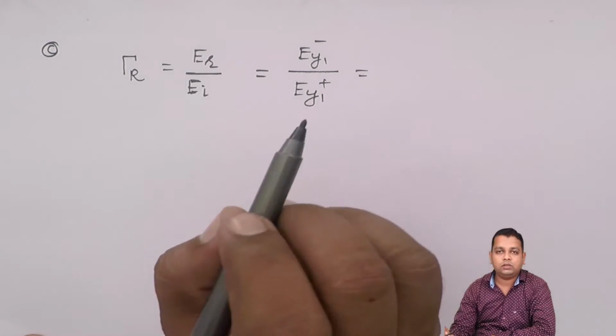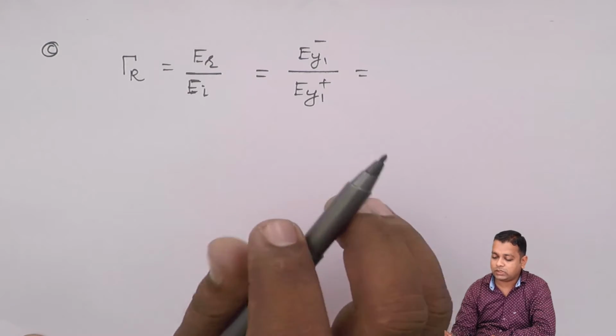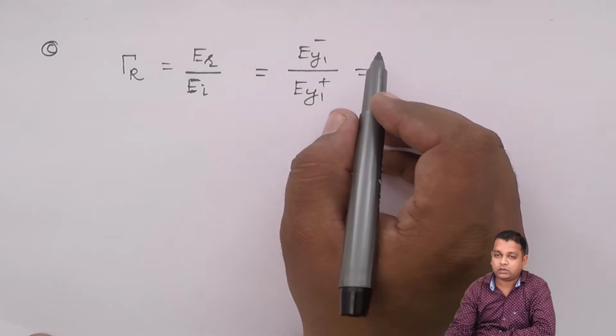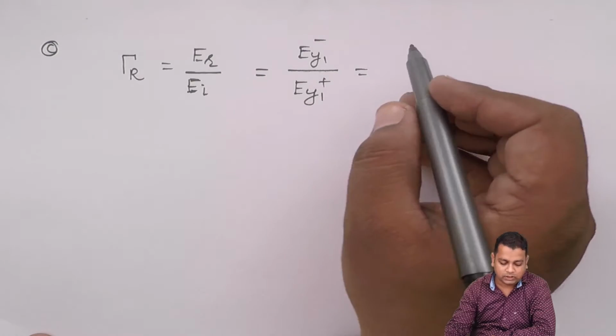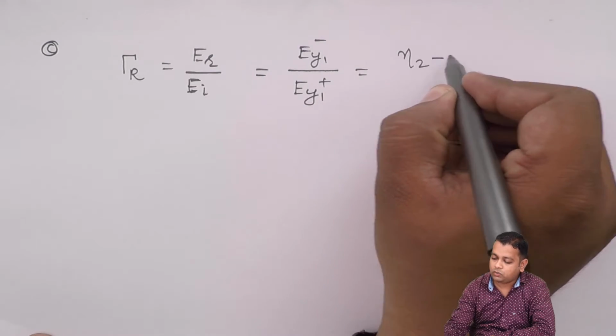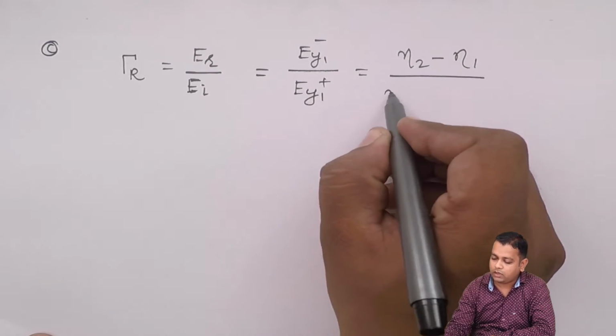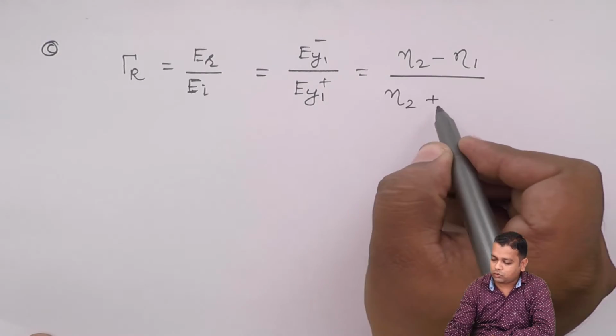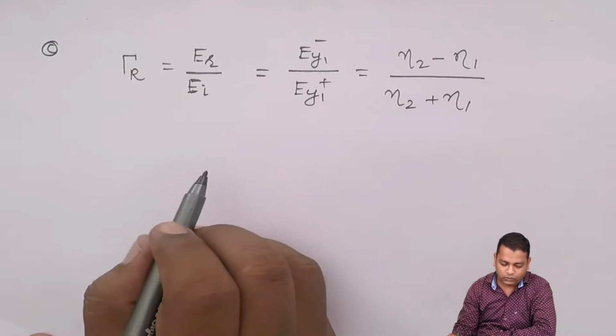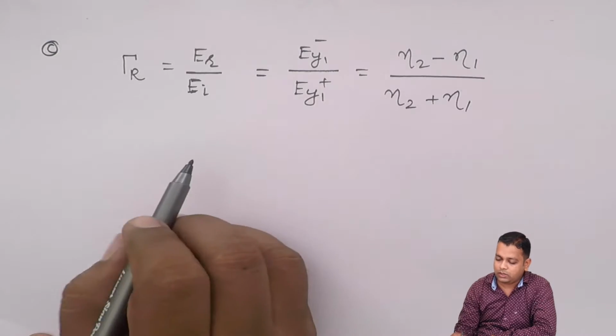We have seen the formula of this reflection coefficient in our previous videos in terms of intrinsic impedances. It is given by eta 2 minus eta 1 divided by the addition of the two, eta 2 plus eta 1. So what are these eta 1 and eta 2?